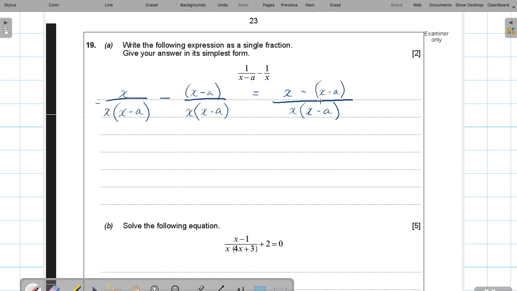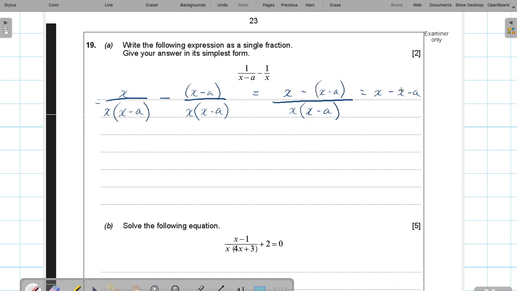These brackets we don't really need anymore. So that's just the same as x minus a, because we're not timesing anything outside the brackets. In fact, we are, I've just realised, be careful, because this is actually minus 1 times by x minus a.